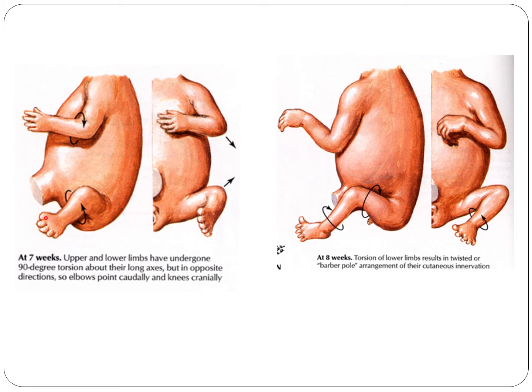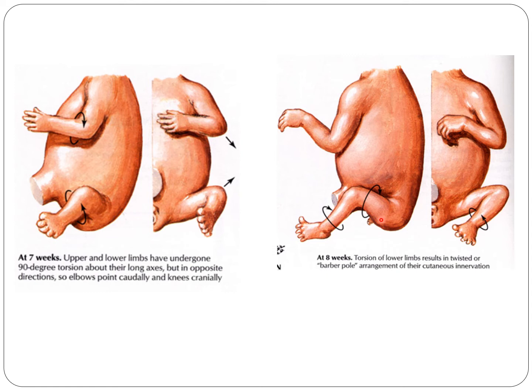That's why the big toe of the foot faces medially and the thumb is facing laterally because of this rotation. The upper limb along the long axis of the limb bud rotates 90 degrees laterally and the lower limb rotates 90 degrees medially.